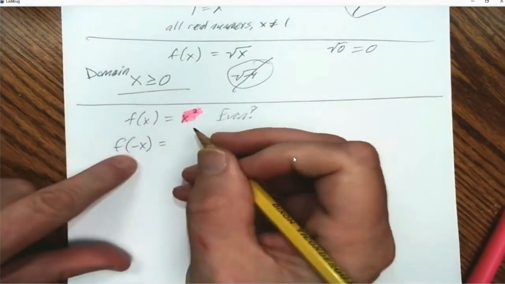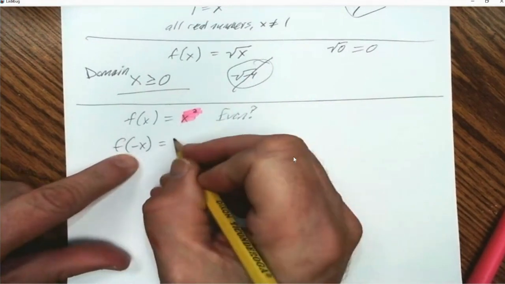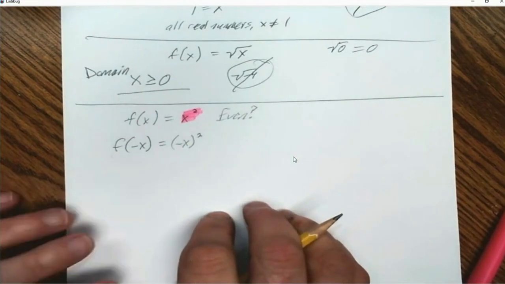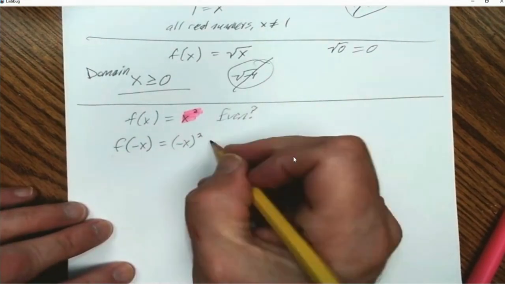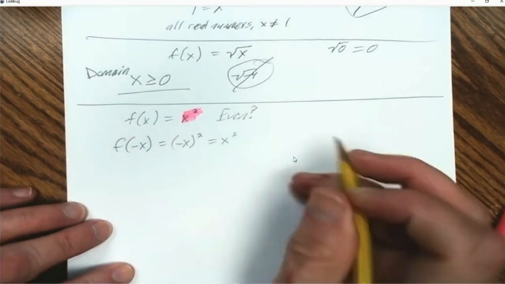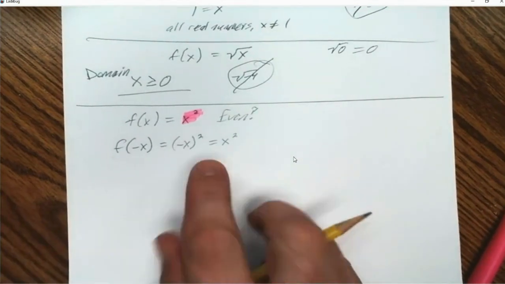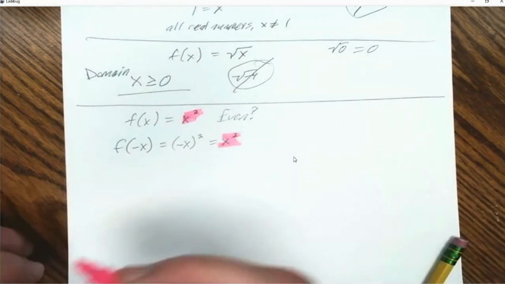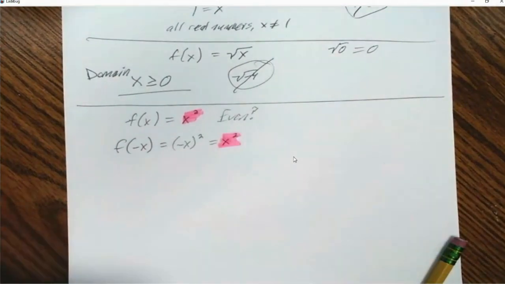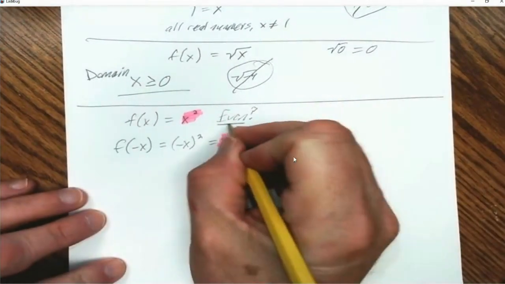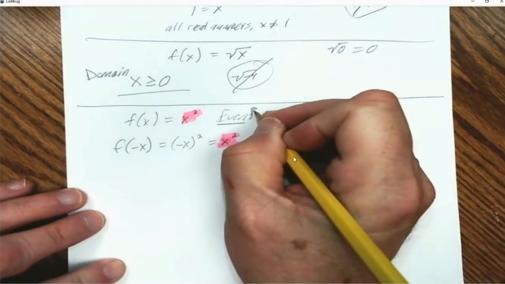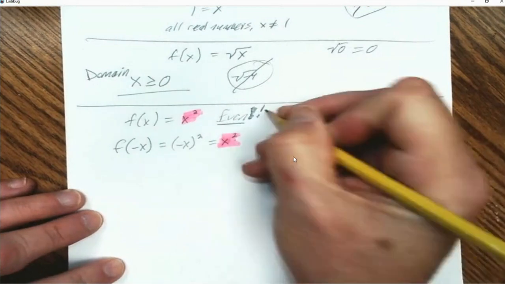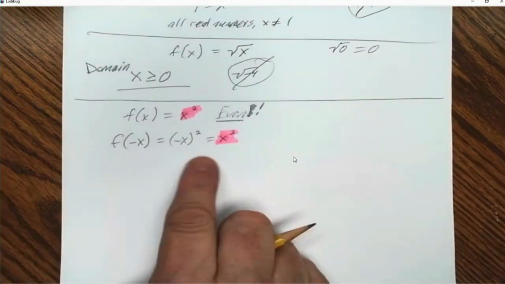So that means we put negative x in for x, negative x squared. What's negative x times negative x? x squared. It does. It equals the exact same thing. So this is even. Yes, it's even! Equals the same thing.